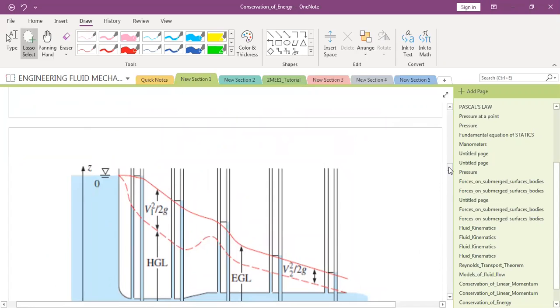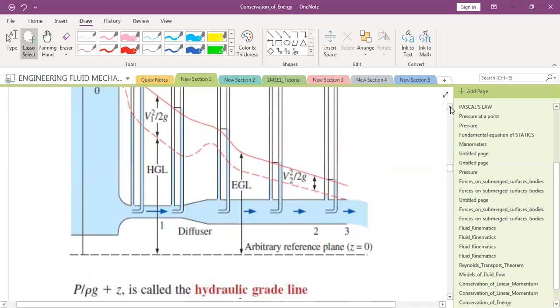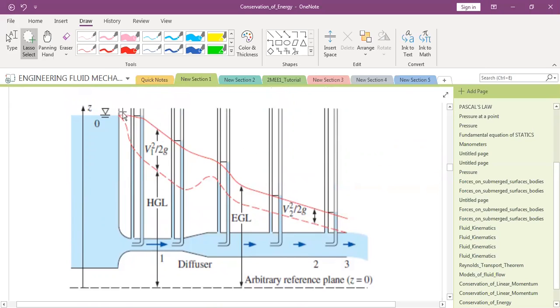Now try to see, as the fluid is flowing in this system, what is happening is I am joining two things. अगर मैं join करता हूं static head को, so the line joining static head is called what?